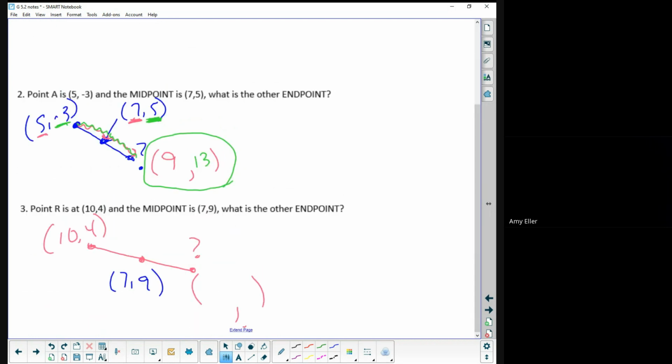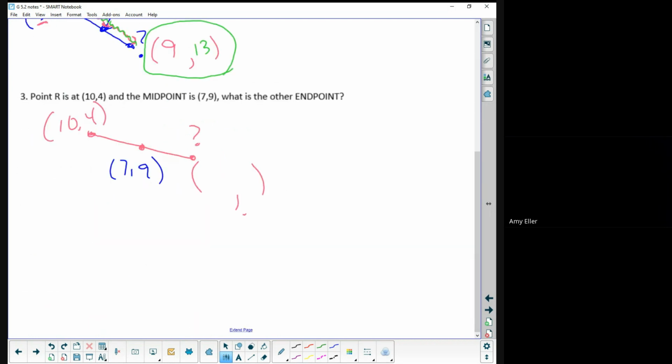Okay, let me talk through it. I am at 10, and I'm walking to the middle, and now I'm at 7. It looks like from 10 to 7, I walked down 3. To get to the other end, I need to keep doing the same thing. Walk down 3 more. If I'm at 7, I walk down 3 more, I'm at 4.